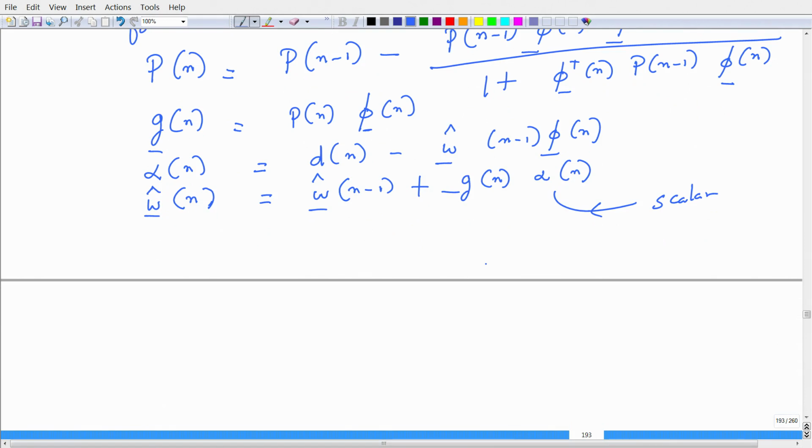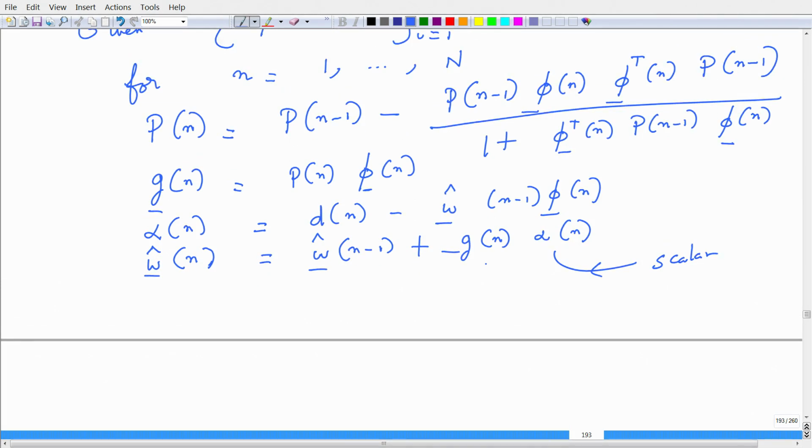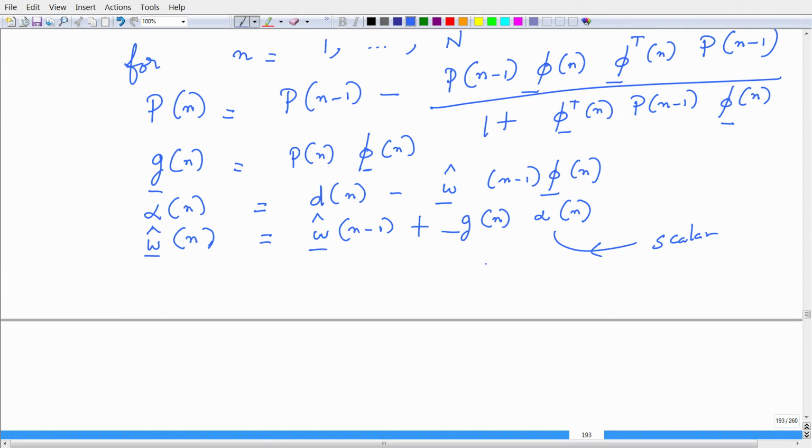Now, you would wonder how do I start, because the recursions are with respect to w hat of n, because there is a recursion there, and P of n also has a recursion because it depends on P of n minus 1 plus these terms.